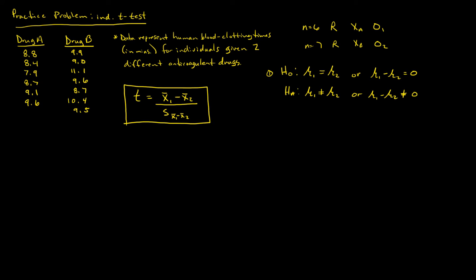Step 2 was finding our comparison distribution here, and the comparison distribution is going to be based on degrees of freedom. When we're doing a t-test, it is going to be off of n minus 2.